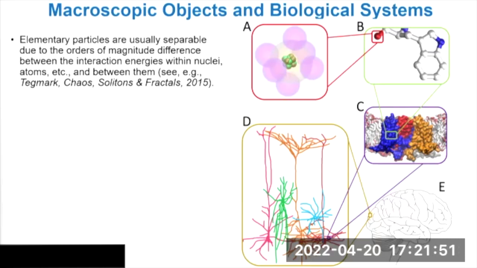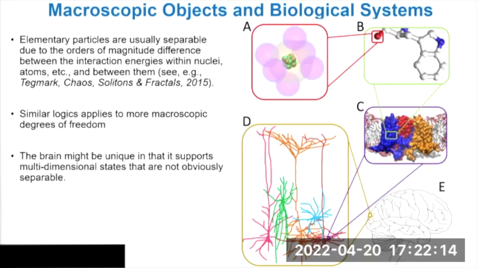Even for strongly interacting particles, you usually can find a rotation of degrees of freedom, or transformation, where you see that the system is essentially separable. And so what I think is happening is that anywhere you have a lot of small subsystems, there is some non-separability, but brains are probably relatively unique in maintaining multidimensional states with high non-separability.